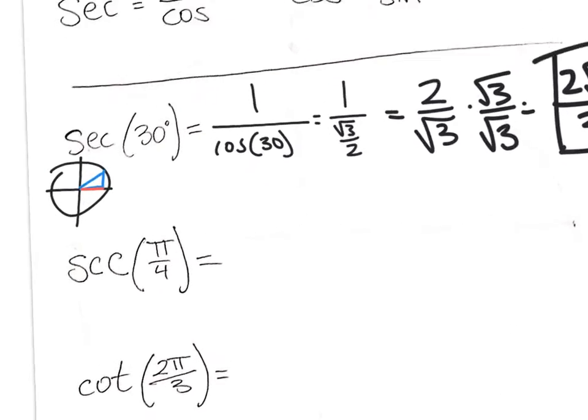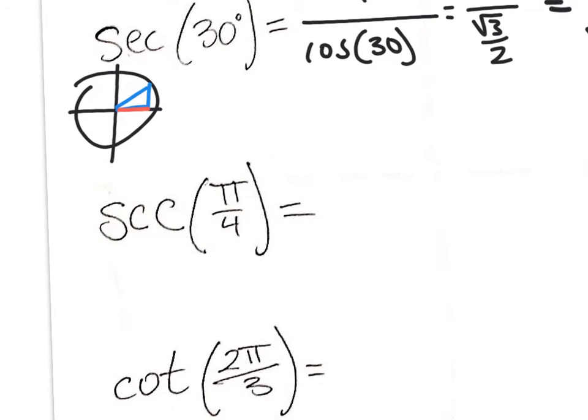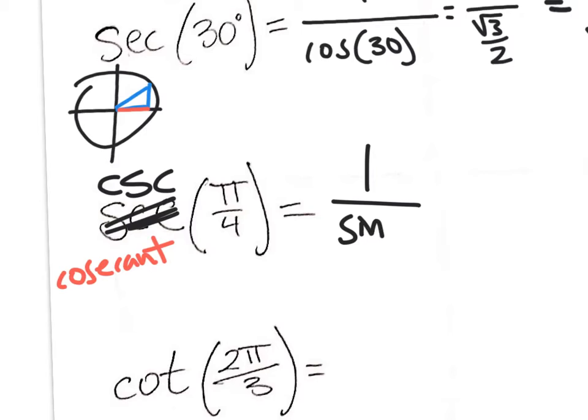What does this say? This says cosecant of pi over 4. So cosecant of pi over 4. I'll write out the word: cosecant of pi over 4 would be 1 over the sine of pi over 4.